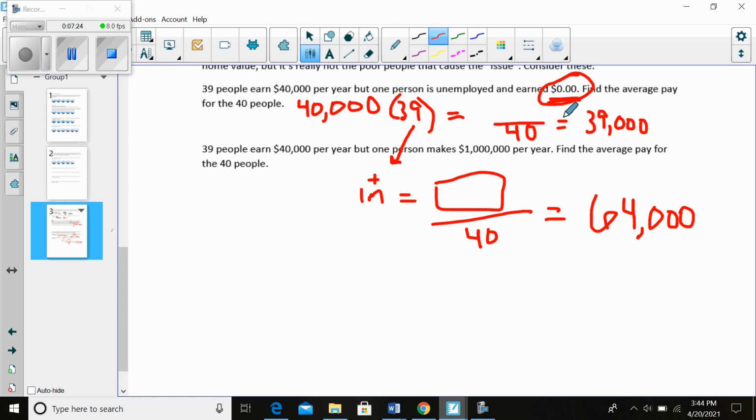Okay, so having an unemployed person just barely moved our average, right? But having a millionaire moved our average up. This is like 50% more, right? If you took 50% of 40,000, that'd be 20,000. Add it back on, right? This is more than a 50% increase because of one millionaire.